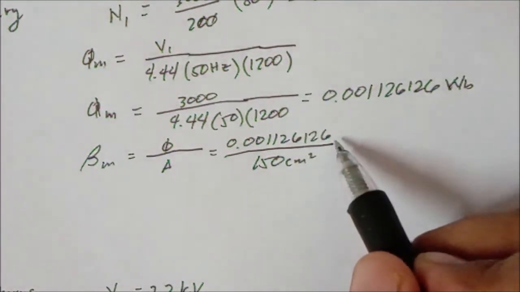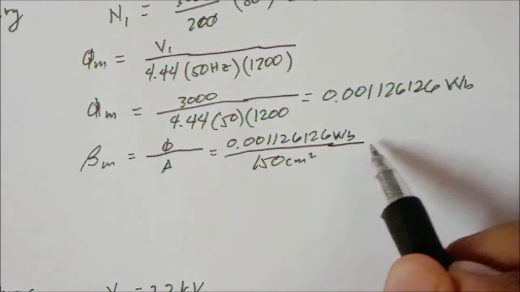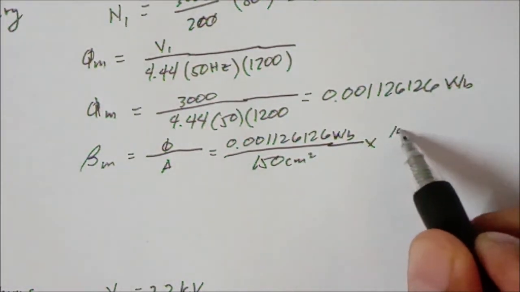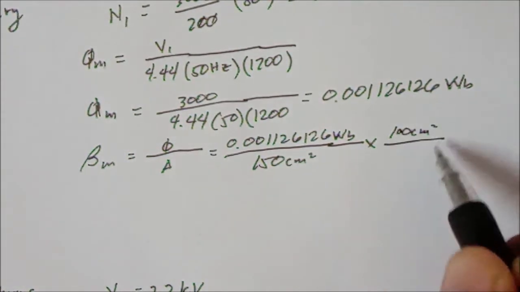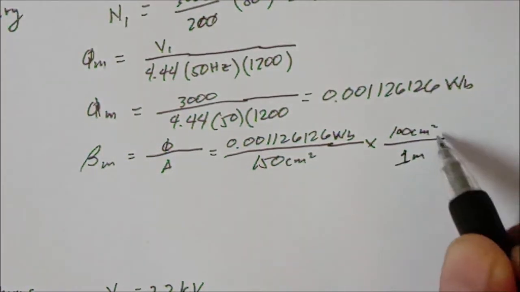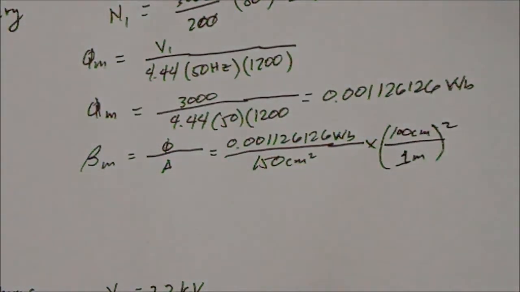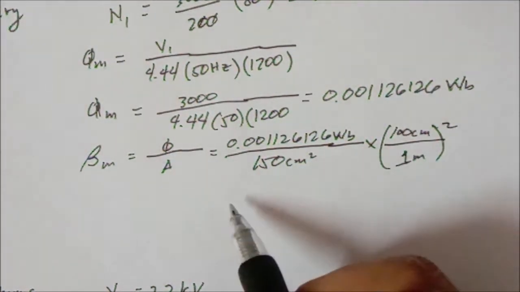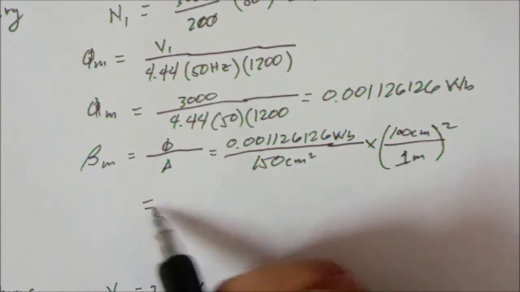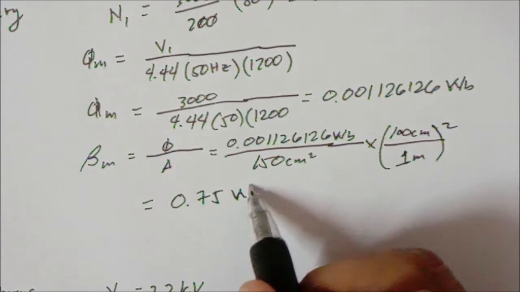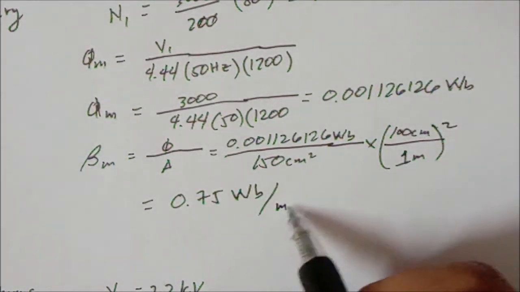Kaya lang, naka-centimeter to, kaya i-convert natin sa per meter. So, 100 cm squared divided by 1 meter. I-squared natin. So, this is equivalent to 0.75 Weber per meter squared.